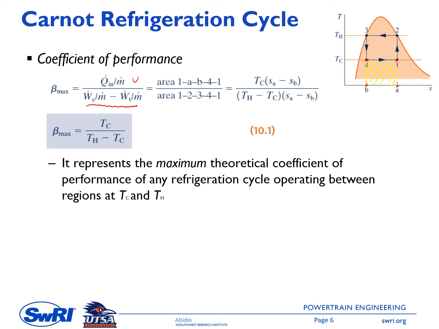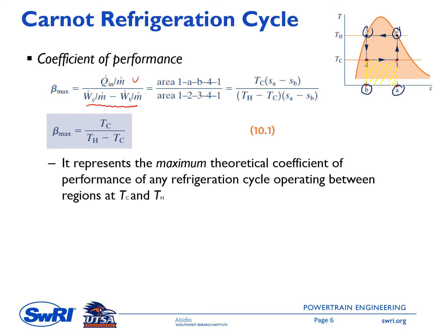So Q in is shown in this figure by the pattern with the yellow line. The Q out is the heat transfer removed from the working fluid inside the condenser, and it is the area represented by point 2, then point A, point B, point 3, and back to point 2.